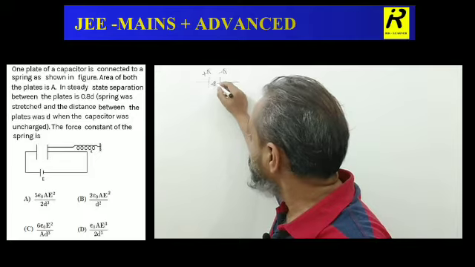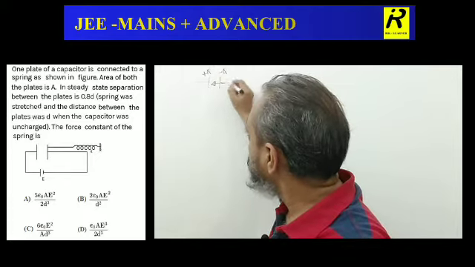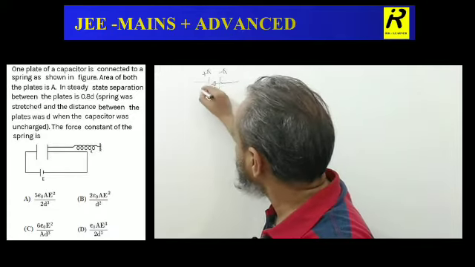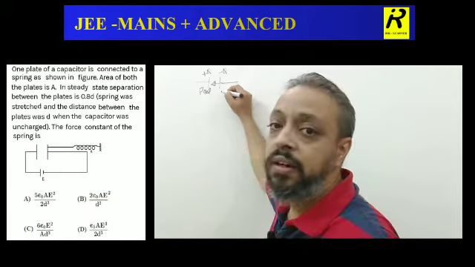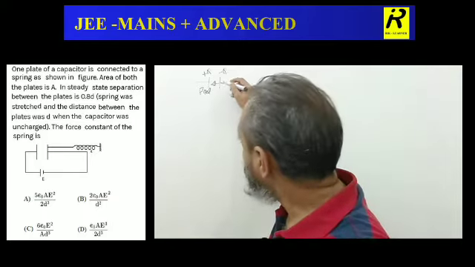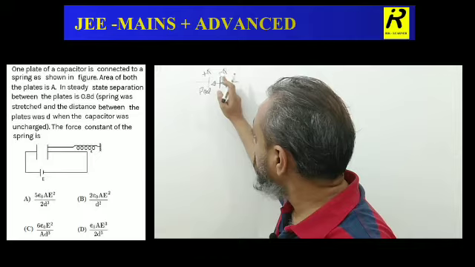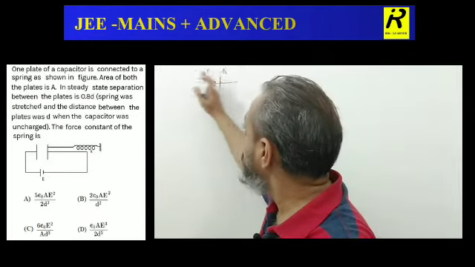I believe the left plate is fixed and the right plate is movable. Definitely the minus Q will move towards the positive plate, so in this direction it will move.